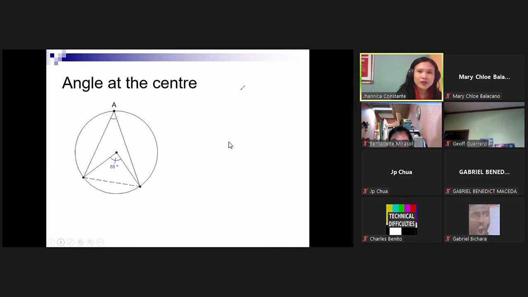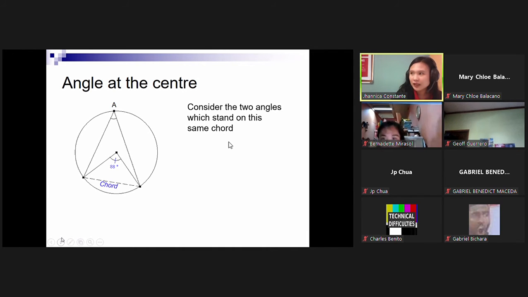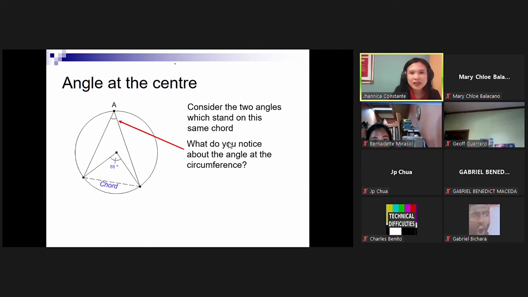So if that is the case, the measurement for the angle at the circumference is half of your central angle.